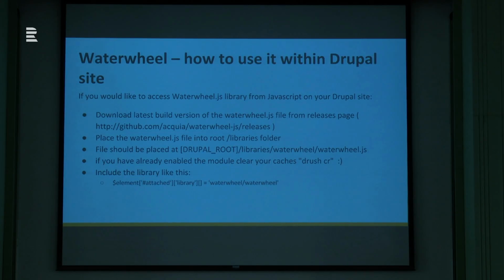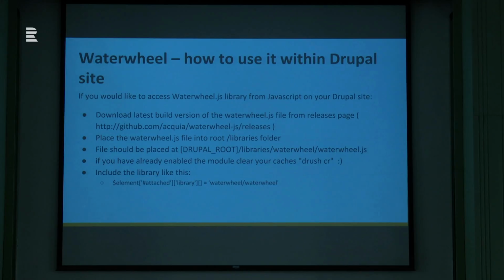Within the Drupal site, you need to download the latest release, which you can download from this link, and place it inside the libraries folder, and then you'll get it like Drupal root, libraries, Waterwheel, and Waterwheel.js. And if you want to attach it to a certain page, you can attach it like this, and then you'll be able to use it.